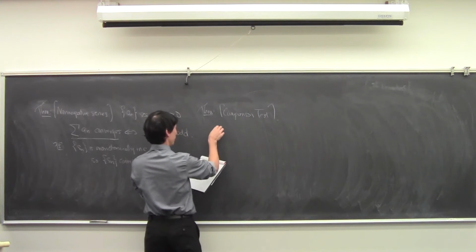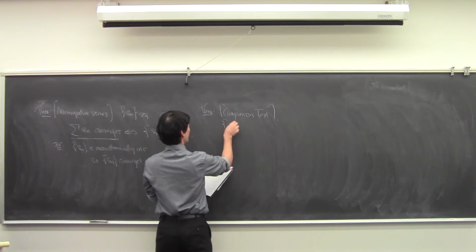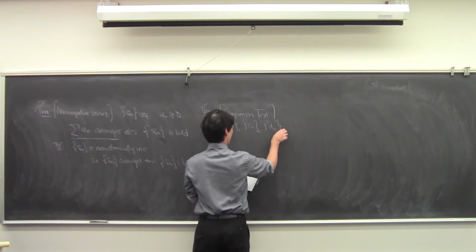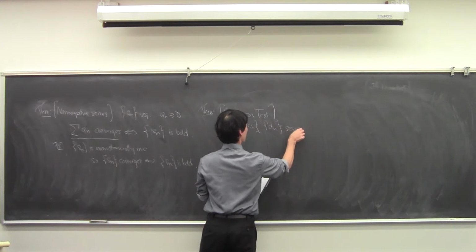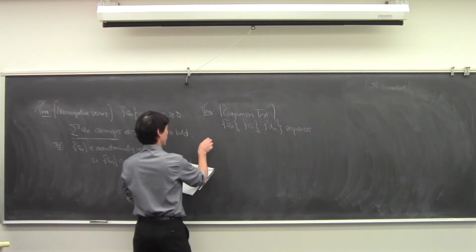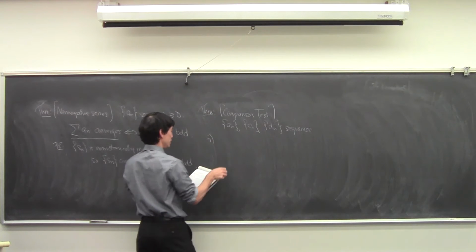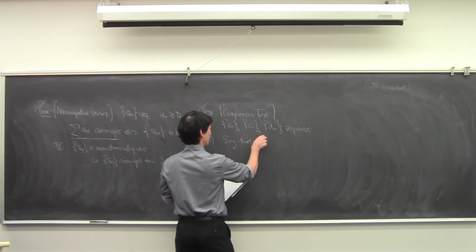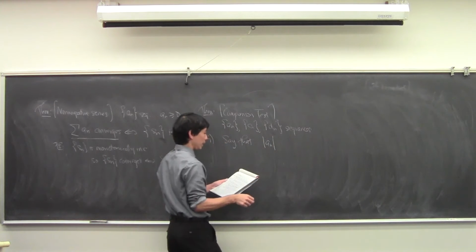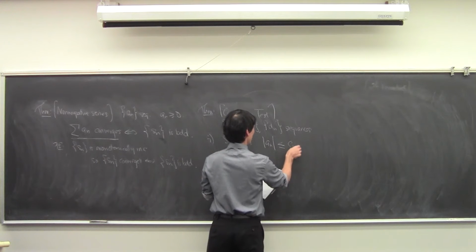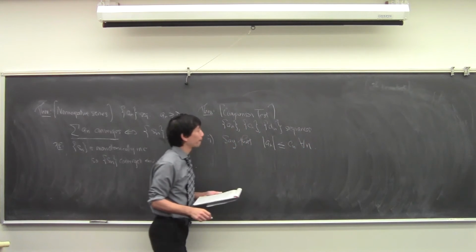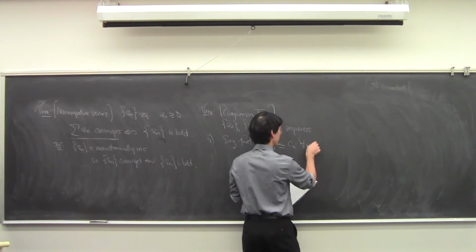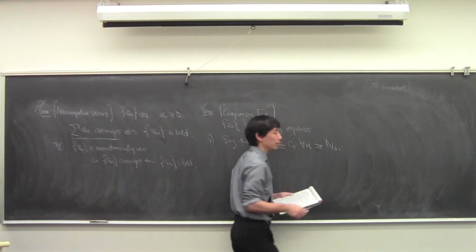So you have a bunch of sequences, a sub n, b sub n, c sub n, and d sub n. And part one is, suppose you know that the absolute value of a sub n is smaller than c sub n for all n, I'm sorry, for all n past some point.